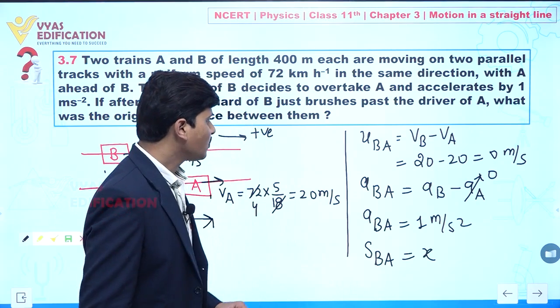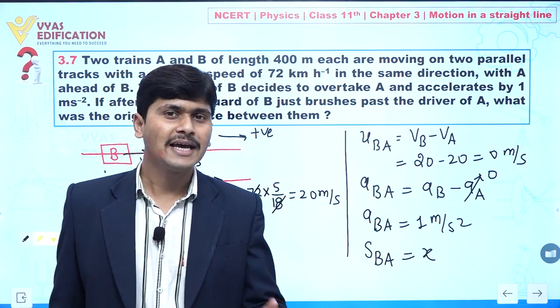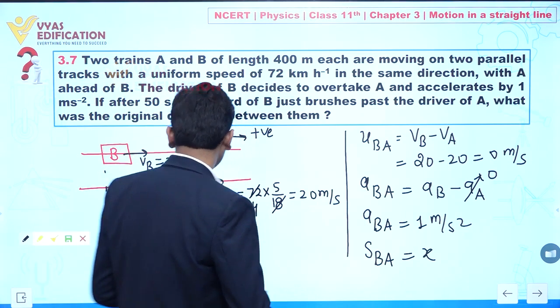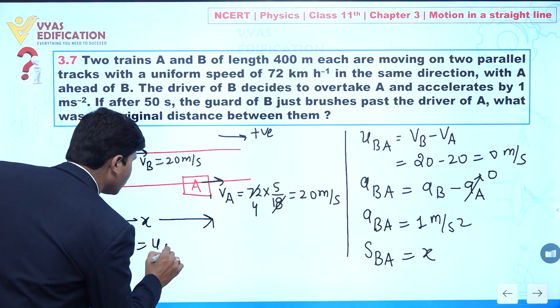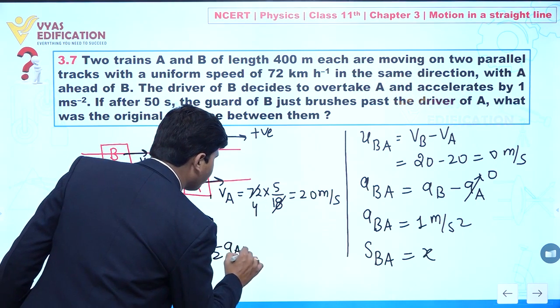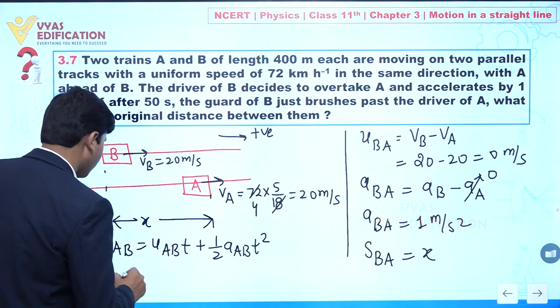Clear? Now you can see the relative acceleration is constant, which means we can apply the equation of motion. So x_AB equals u_AB t plus 1 by 2 a_AB t square. Our objective in this question is to calculate the value of x.